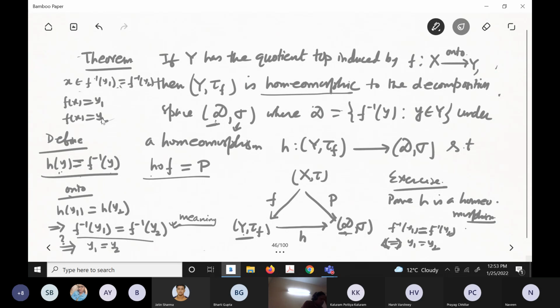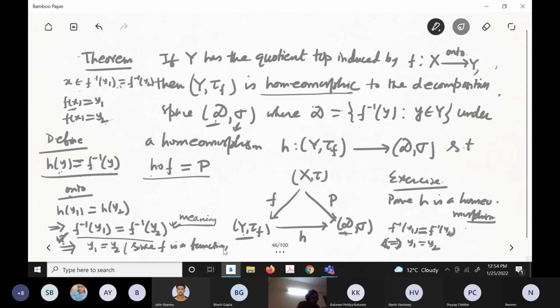Then y1 will have to be equal to y2, otherwise it won't be a function. Look, f(x) is a single element here. So since f is a function, y1 has to be equal to y2. Because if y1 not equal to y2, then f won't be a function. So this is true. Understood? Basically, since f is a function, it means single valued, not a multi-valued function. So H is a bijection.